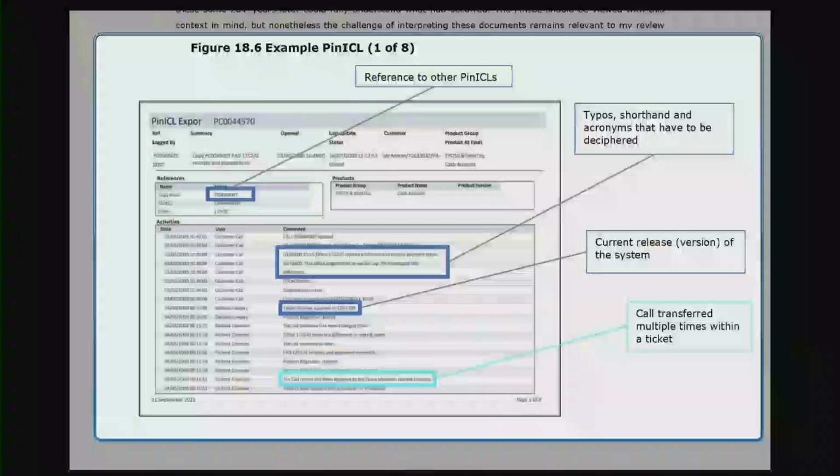In the reference section, what was that for? Can you see that? The box on the left-hand side, a third of the way down the page. So this had different extra information to the extent that they were available. So the copy from, you can see that even above in the summary, it's indicating that this Pinnacle was a copy of Pinnacle PC 0044007.